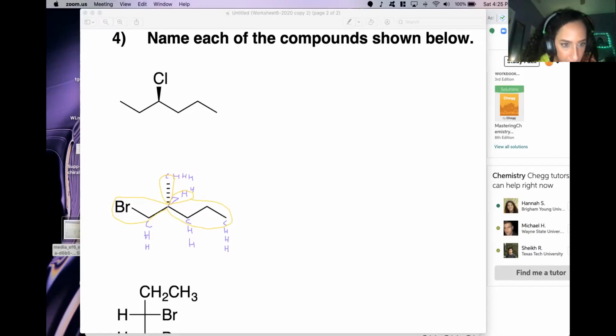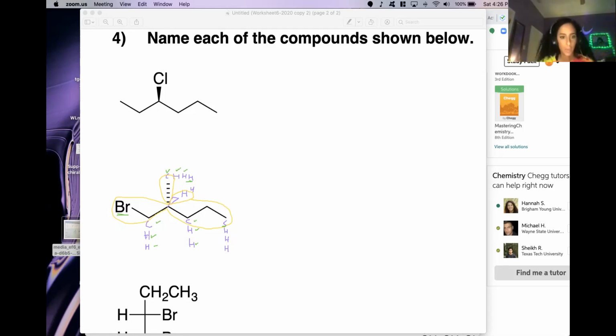So carbon, that's not the right color. All right, so carbon, carbon, carbon. Hydrogen, hydrogen, hydrogen. Hydrogen, hydrogen, hydrogen. So we have to move to the next one. So here, bromine, carbon, and hydrogen.